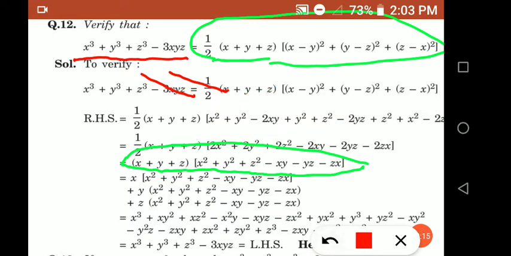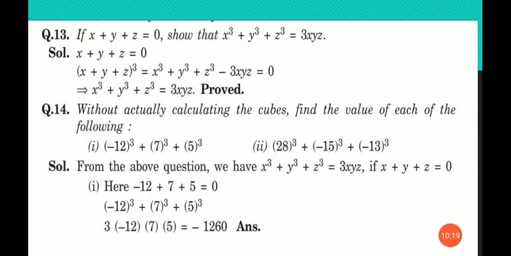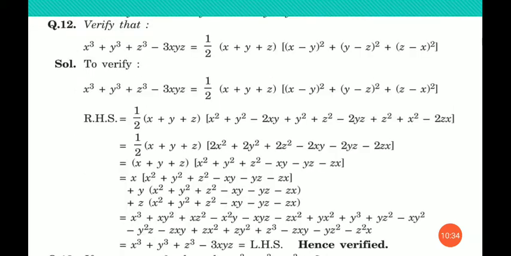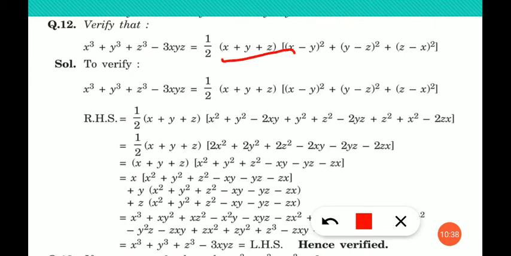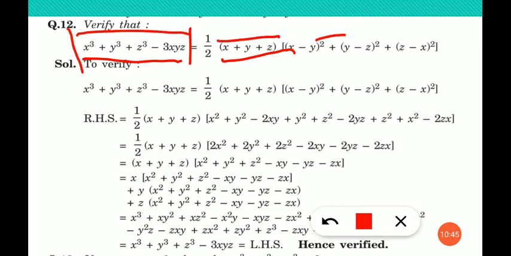So the same we were going to solve in question number 13. Question number 13 says, if x plus y plus z is equal to 0, then show that x cube plus y cube plus z cube is equal to 3xyz. So just now we have proved, as it was given this term is equal to 0, so this LHS is equal to 0.